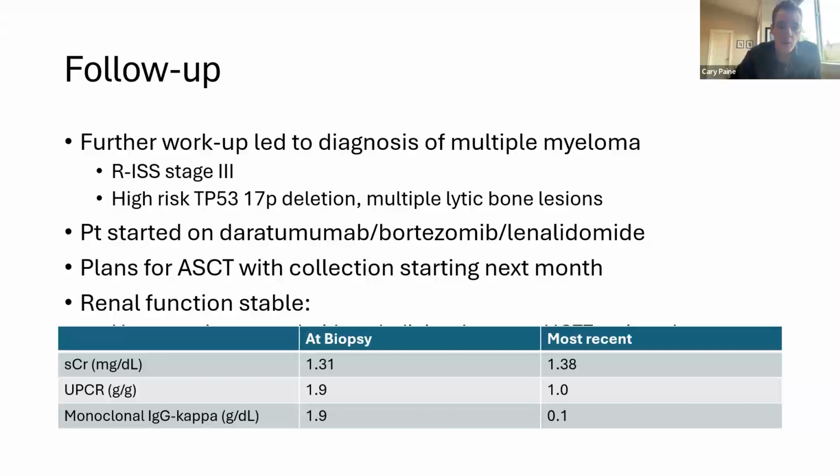We don't anticipate that will treat his kidney disease. It won't. There's not a treatment for the amyloid independent of a liver transplant, which is not in his near future, obviously. His creatinine is stable at around 1.4, and his proteinuria is about the same right now. So just conservative management, blood pressure control, SGLT2 inhibitor, et cetera.